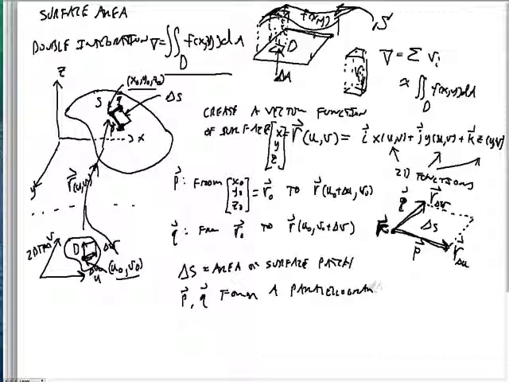And then the area of that, so delta S is going to be the vector magnitude of P cross Q. Alright, so that's good.